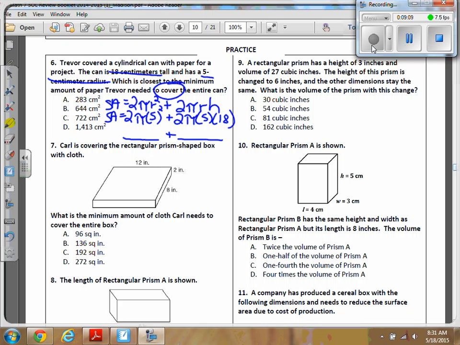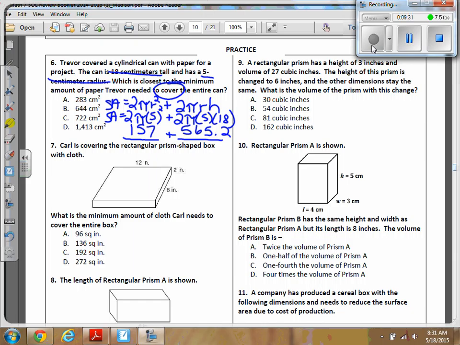So 25 times 2 times 3.14 is 157. Now I'm going to do the second part, and that's 2 times 3.14 times 5 times 18. And that's going to give me 565.2.